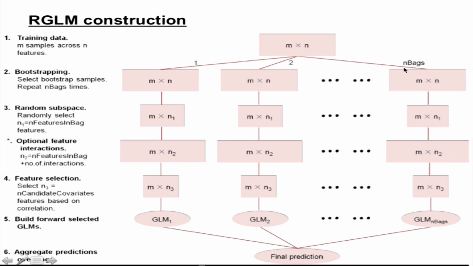Now each data set has, of course, these 100 subjects, and each data set involves 10,000 genes. So then what you do is you take a random subset of the genes for each bag, okay? So you start out with 10,000 genes and you randomly select only 3,000 of the genes. Sounds crazy, but that's why it's called random, because you randomly choose these genes.